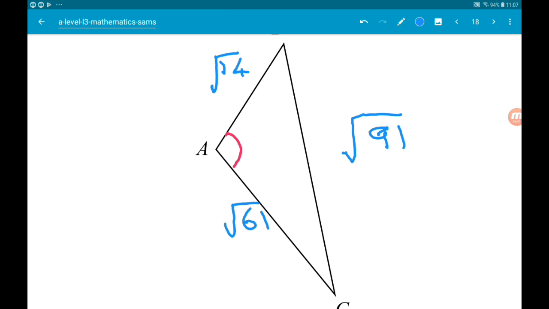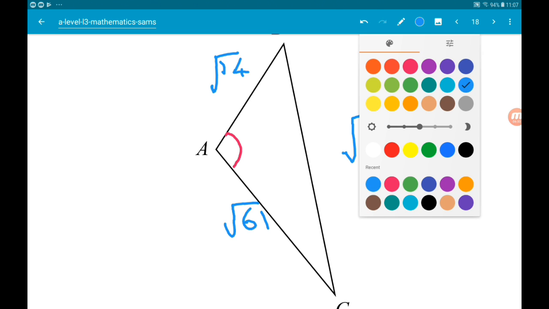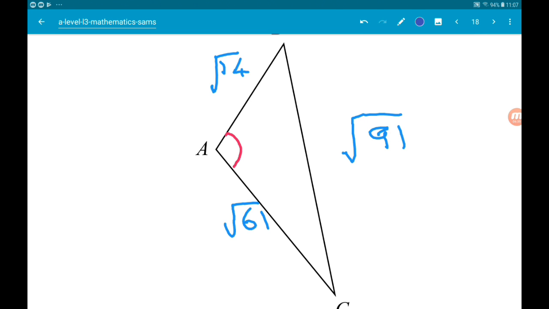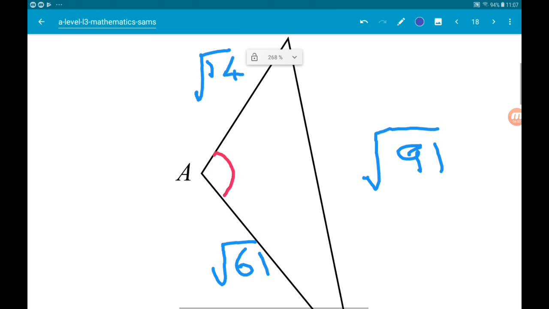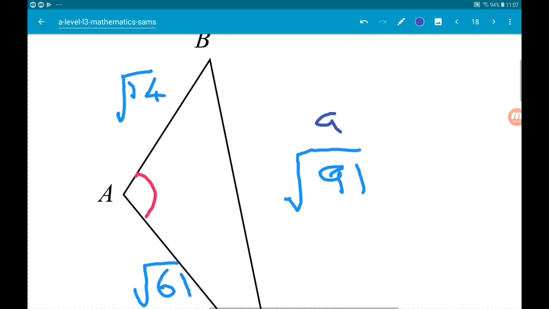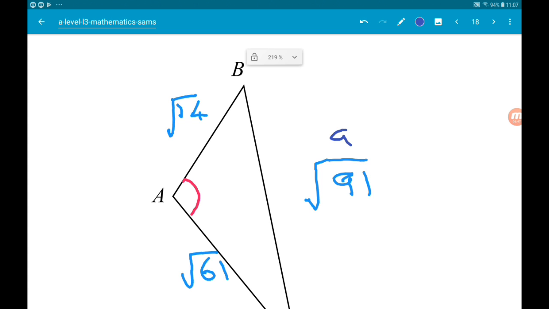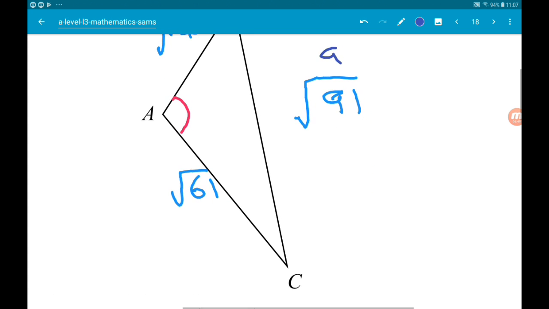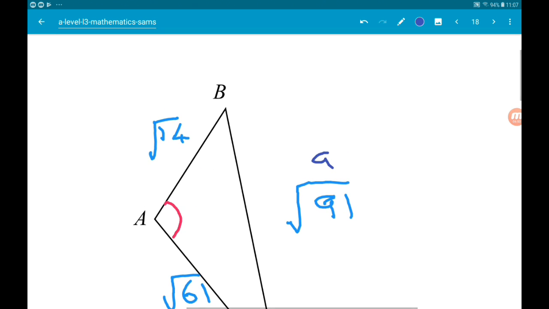So if we call this angle, it's already called A, so that's nice. We're going to call this side little a, and then the other two don't matter, but we should label them, I suppose, in terms of the angles.